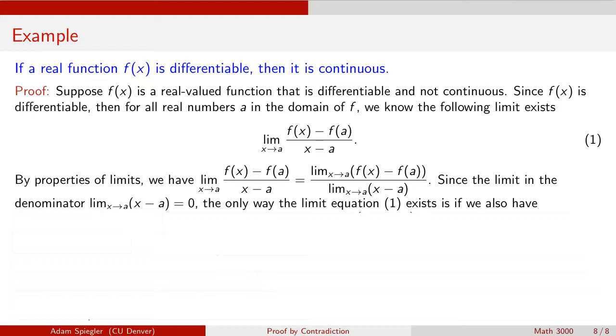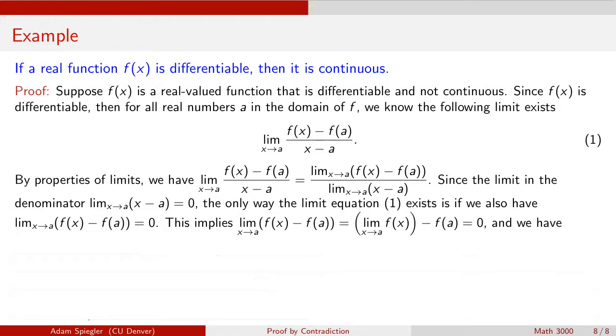So now we can conclude that the limit as x goes to a has to be 0 also. So this is saying that the numerator of this also must approach 0.